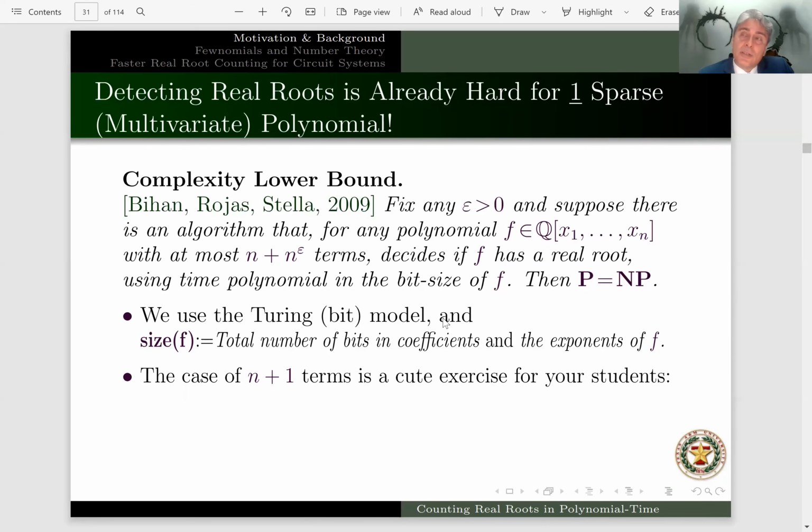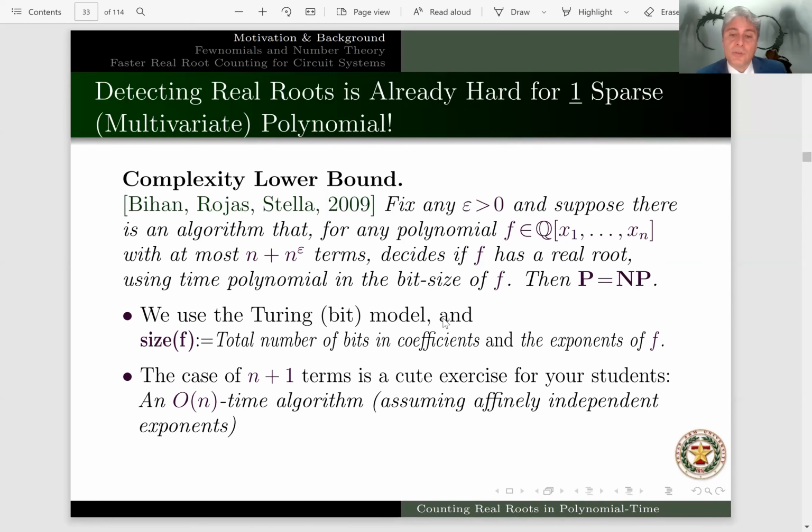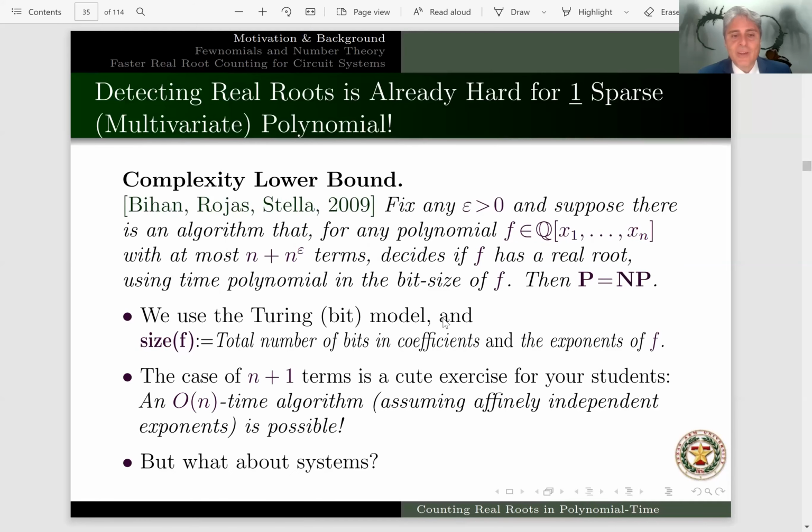Apologies. I mean, if you look for one polynomial in n variables with n plus 1 terms, if you want to decide the existence of real roots for such a guy, it's not hard to figure out. You can get an O of n time algorithm, assuming the exponents are affinely independent. And it's really not too hard to work out. You can give it to your students and see if they figure it out.